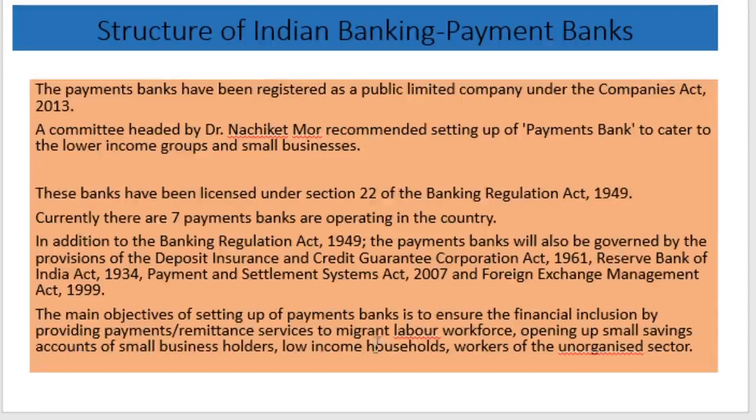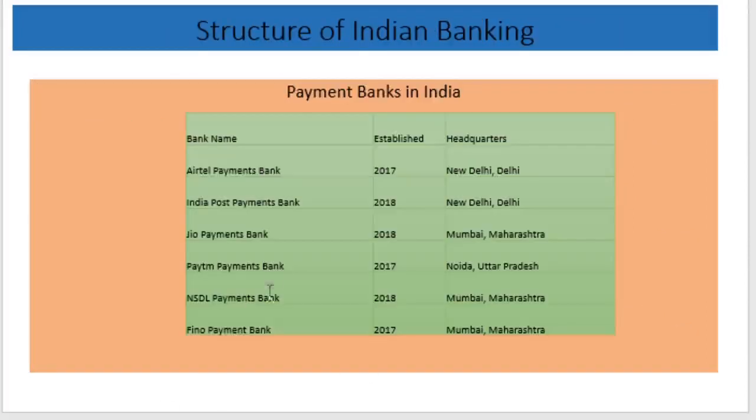The main objective of setting up payment banks is to ensure financial inclusion by providing payments or remittance services to the migrant labor workforce, opening small savings accounts for small business holders and low income households, and workers of the unorganized sector. Helping small business groups and lower income groups are the major objectives of payment banks. The important payment banks that exist in India are given.